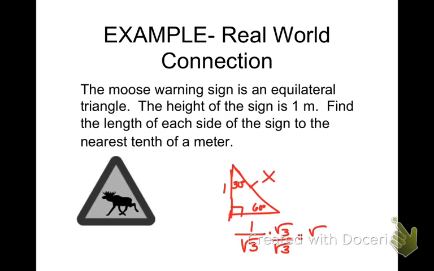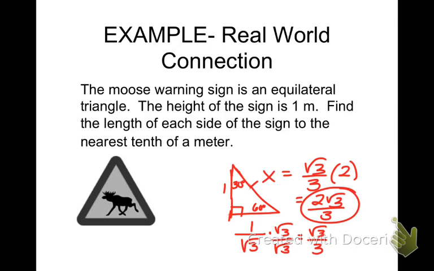So that gets me the square root of 3 over 3. So now how do we go from short to hypotenuse? Yeah, so it would be square root of 3 over 3 times 2, which would just be 2 square roots of 3 over 3. So that would be our exact answer.